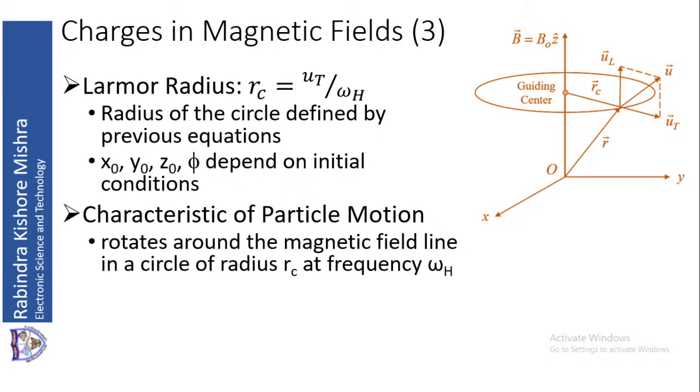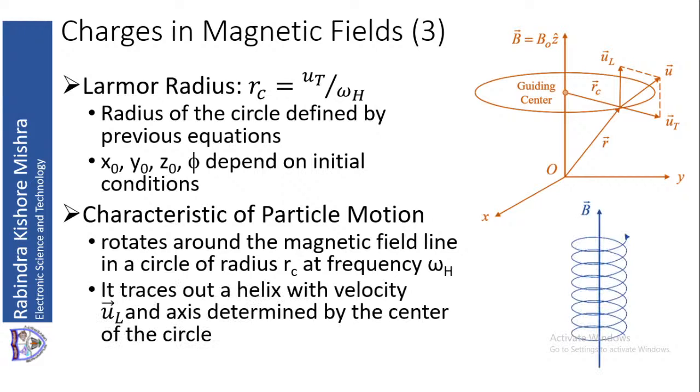The other is, since it is moving, the center is moving along the z axis. Imagine a circle whose center is moving along the z axis. If the circle moves along the z axis with its center constantly on the z axis, then it describes a helix. Therefore, this motion will describe a helical path.